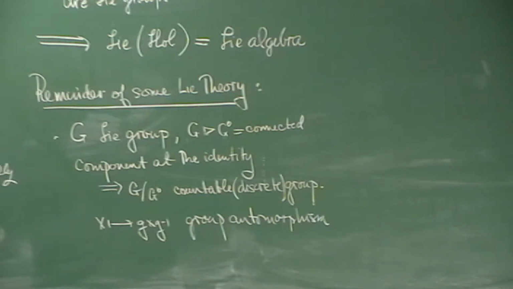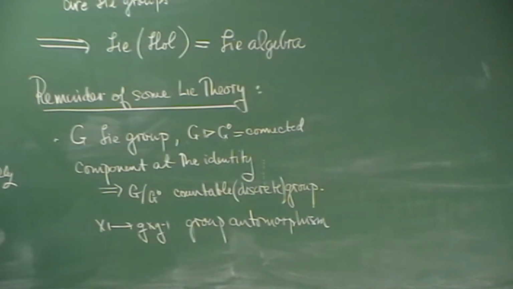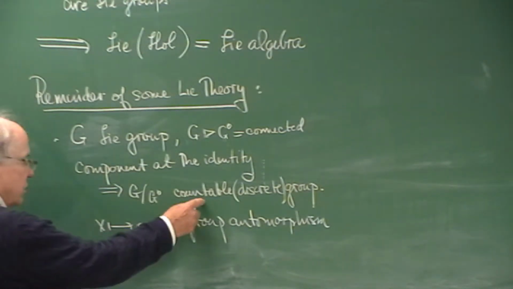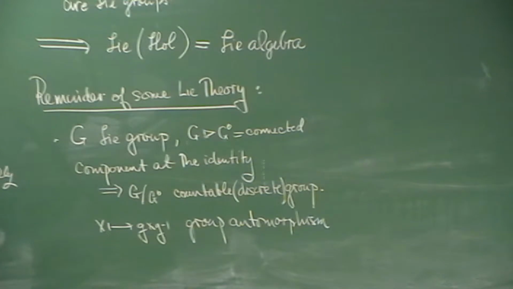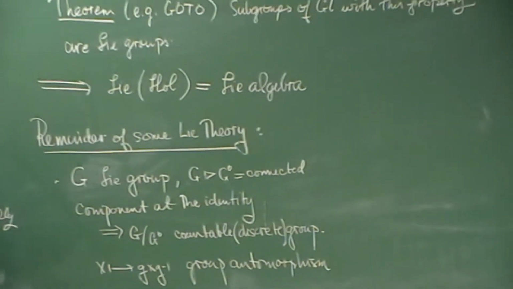You get some maybe small elements like reflections and so on, but usually not much more. So usually this is finite. But in any case, it's always countable. Okay, that's that.